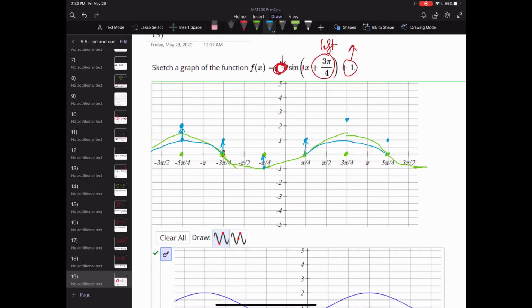Now let's see what that looks like. I will do this one in, well, I'll go back to red. Yeah, I went up too high. That should have been right there.